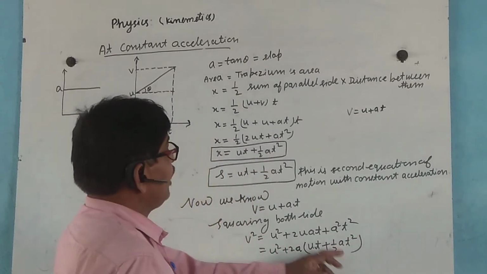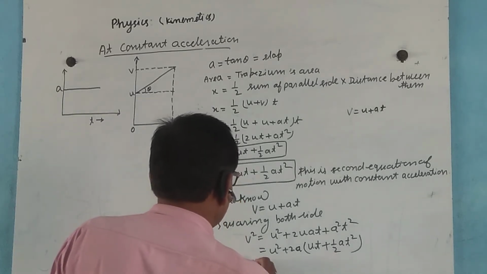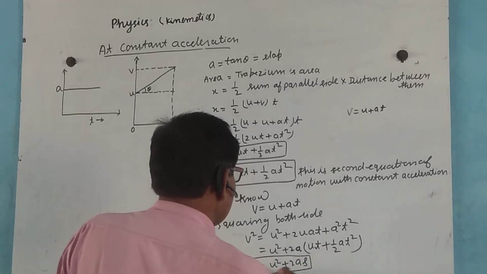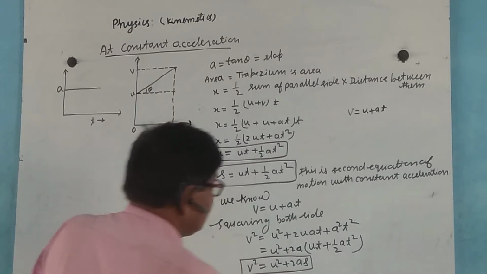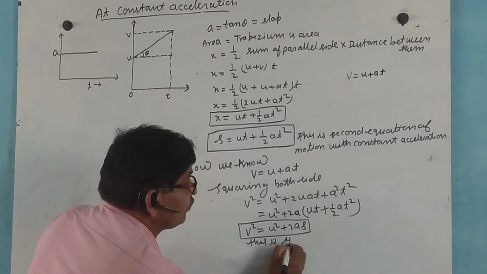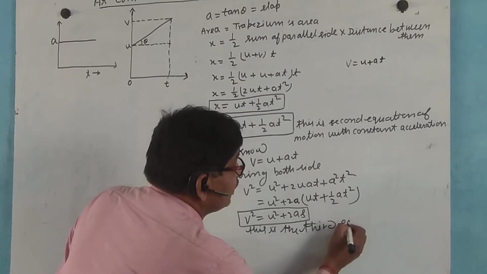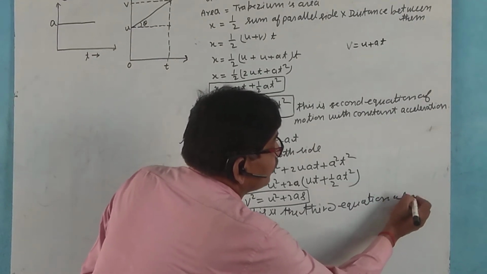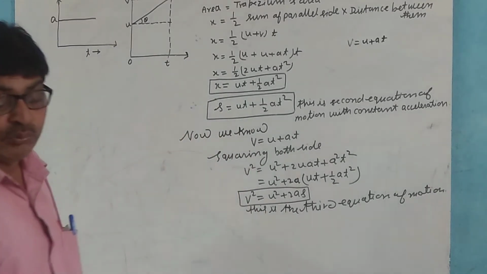As ut plus half at square is equal to s, v square is equal to u square plus 2as. This is the third equation of motion.